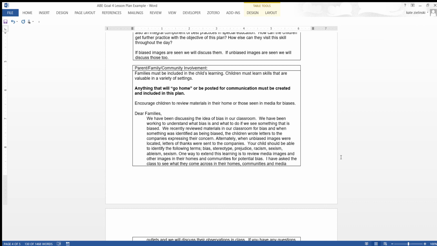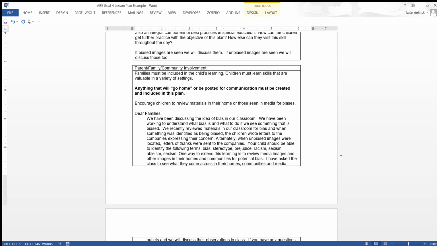It would make a lot of sense if you're teaching about fire safety to either have a fireman come to your class and discuss, or take the children on a field trip, if possible, to a fire station. So that makes sense. You can also send letters home to families about what you're doing. So it just depends on what you want to do.